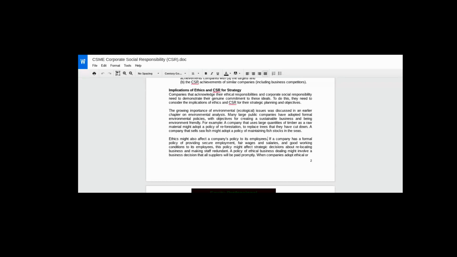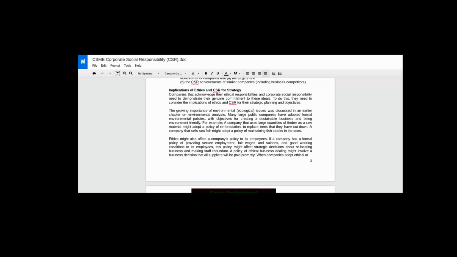If a company has a formal policy of providing secure employment, fair wages and salary, including good working conditions to its employees, this policy might affect strategic decisions about relocating businesses and making staff redundant.